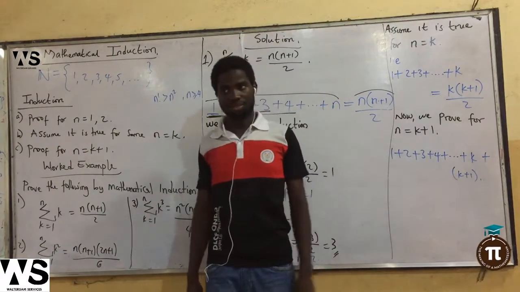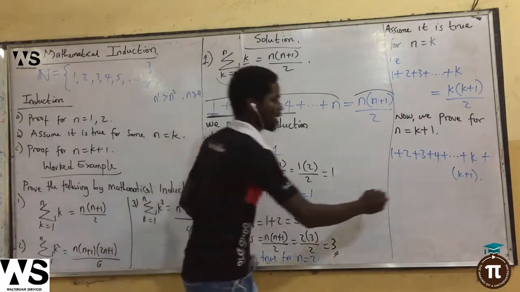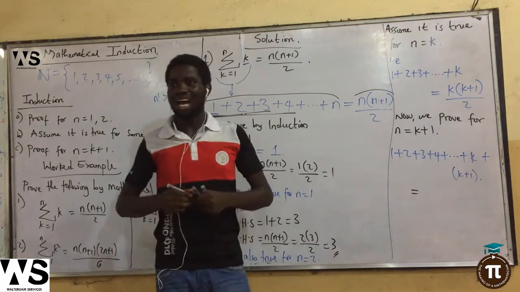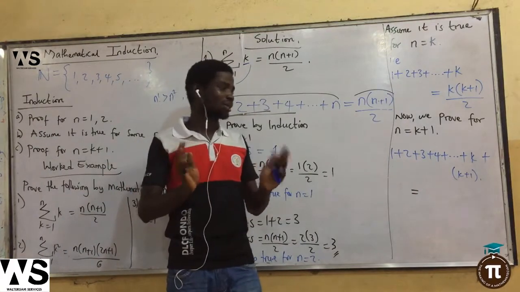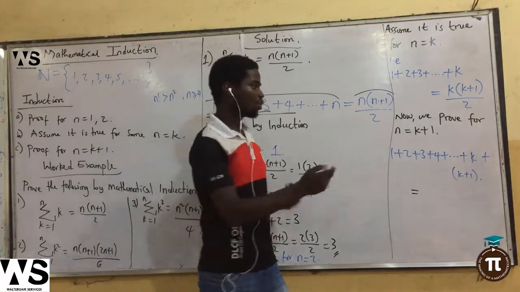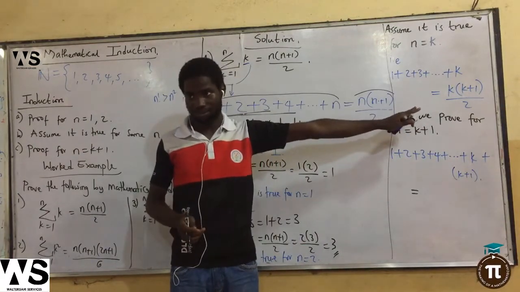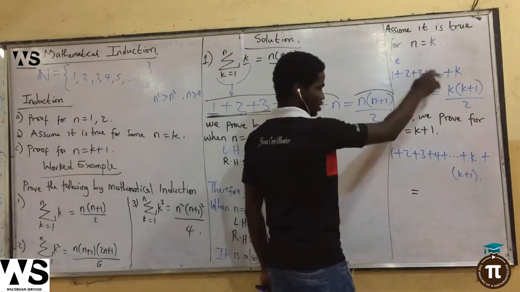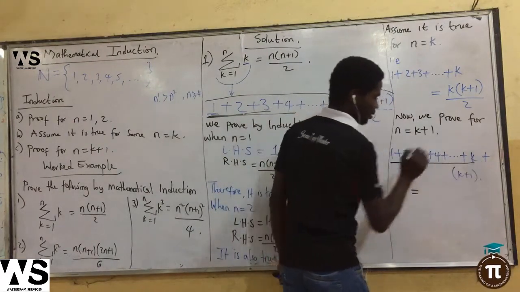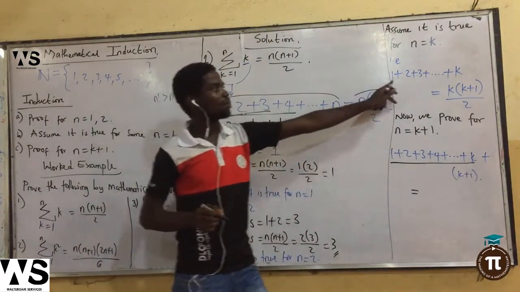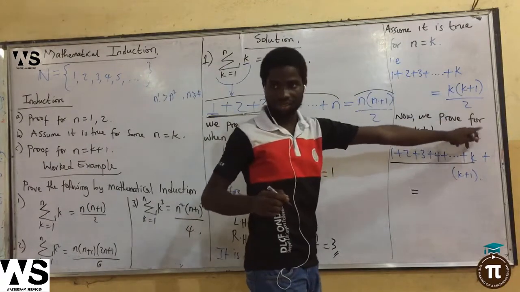Do you understand? So now, this will be equal to, I'm going to use this assumption. This assumption is not a figurehead. From this assumption, what is 1 plus 2 plus 3 plus till k? 1 plus 2 plus 3 till k is equal to this.